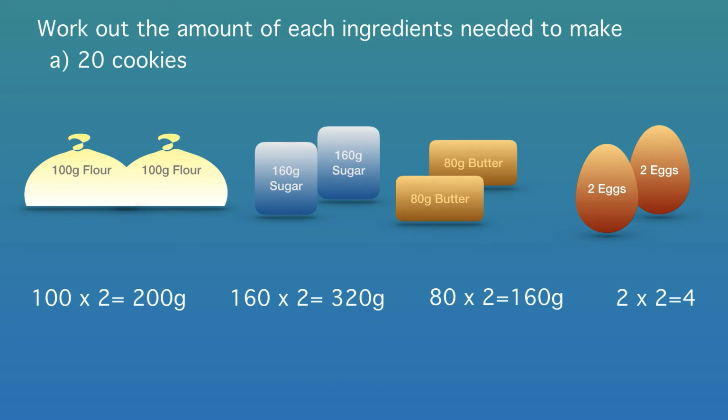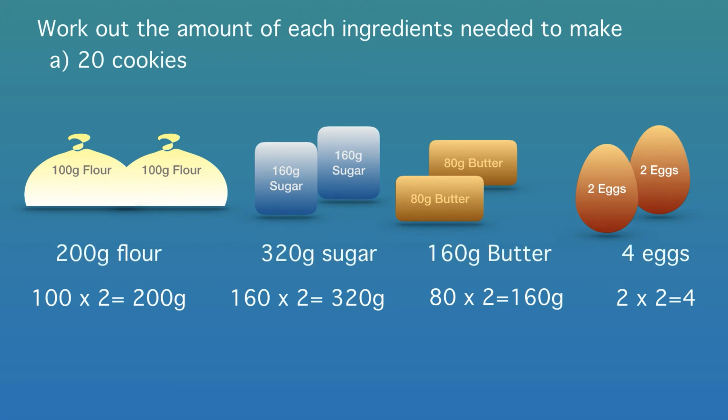So multiply 100 by 2 to give you 200 grams, 160 by 2 to give you 320 grams, 80 by 2 to give you 160 grams, and finally multiply 2 eggs by 2 to give you 4 eggs altogether. So you need in total 200 grams of flour, 320 grams of sugar, 160 grams of butter, and 4 eggs to make 20 cookies.